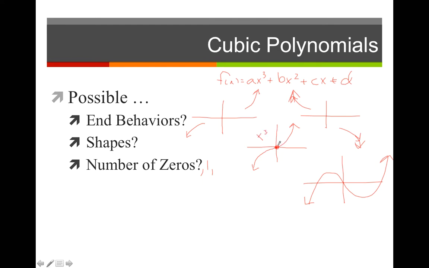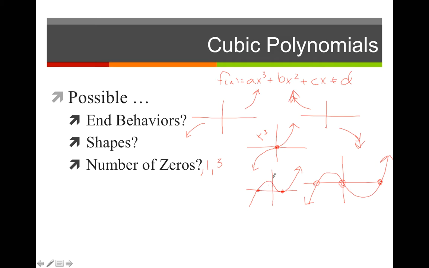That has 1, 0. Or I could have this where, if I think about them as x-intercepts, I could have a possibility of 3. I could even have 2. And 2 is going to look like this, where it kind of comes up and it bounces off the x-axis.